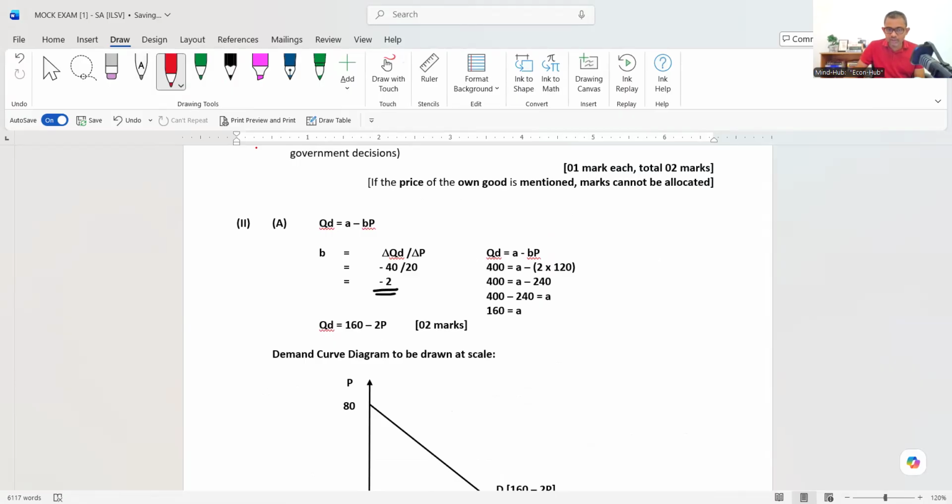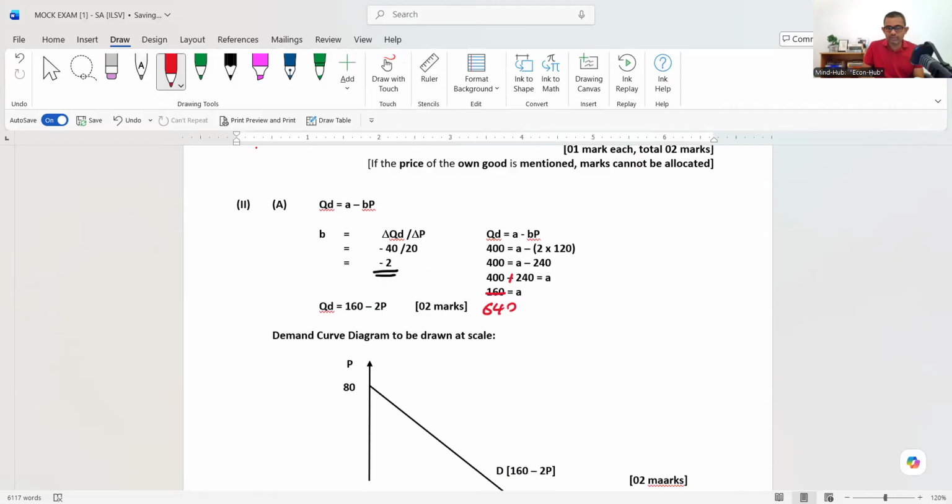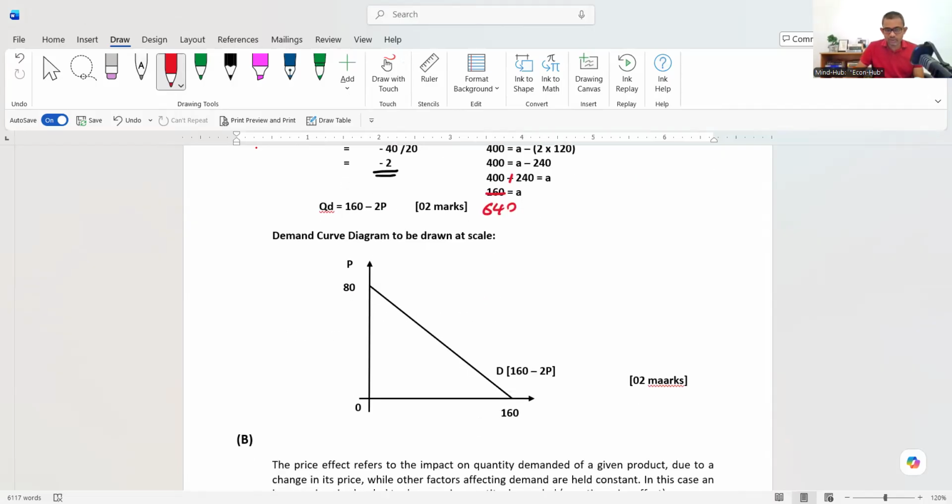When 240 crosses over, it becomes plus. It's not 160. This should be 640. Okay, A is 640. Just make that adjustment. So here also it should be 640. Got it? That adjustment is important. Okay?